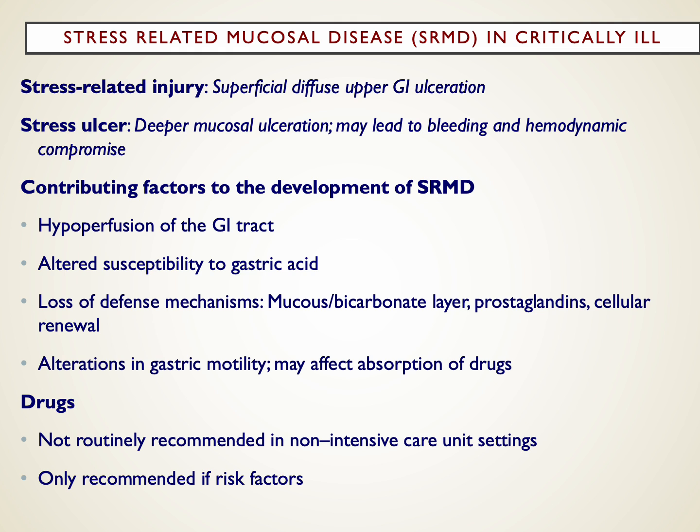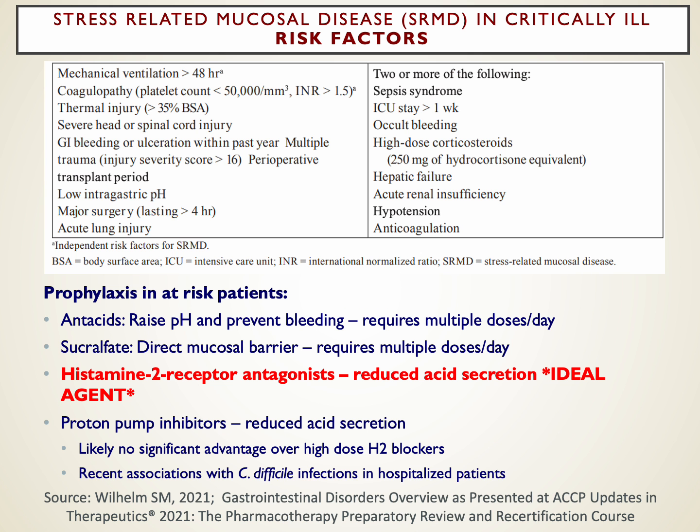In this day and age, we do have a potential concern about the risk for C. diff, for example, and some of the other risks we talk about with proton pump inhibitors. We only really recommend them now for patients who are higher risk in ICU settings and not routinely for other patients. So let's look at some of the risk factors for stress-related mucosal disease in the critically ill patient.